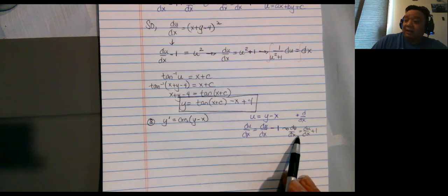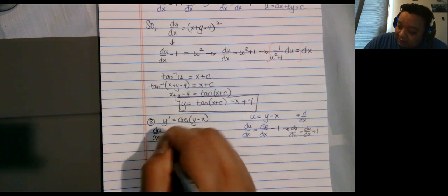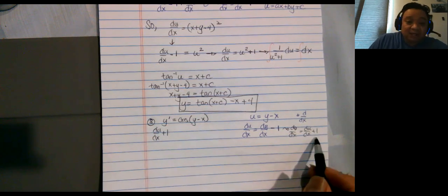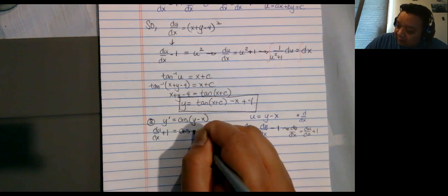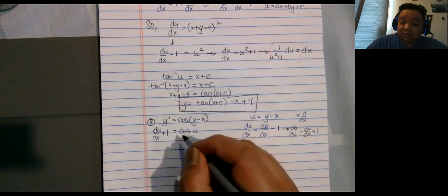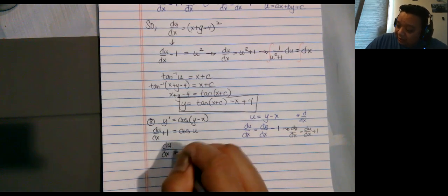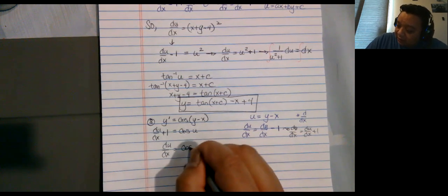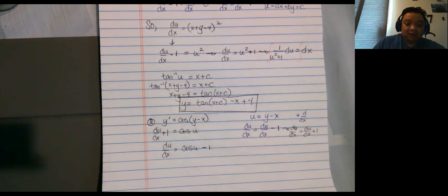So keep that in mind, okay? So this one is now du dx plus 1, right? That's what we got over there, is equal to cosine u. And then subtract the 1, and so du dx is equal to cosine u minus 1 as an expression.